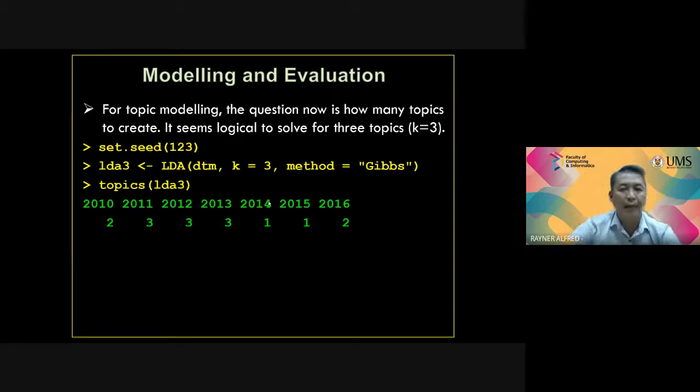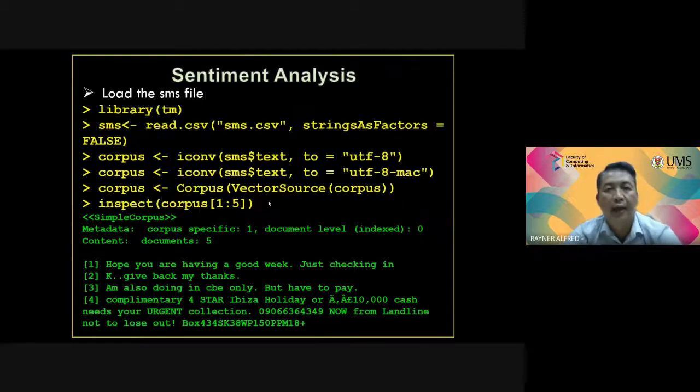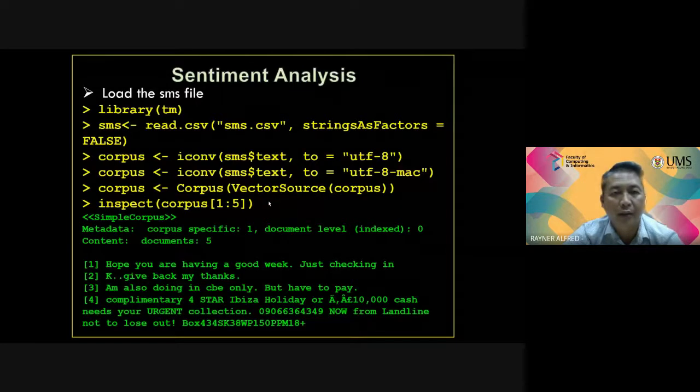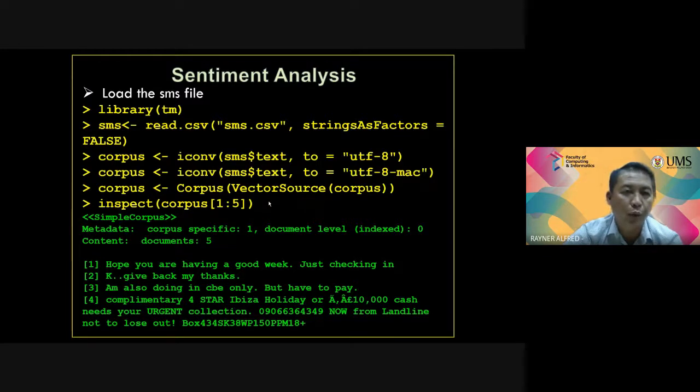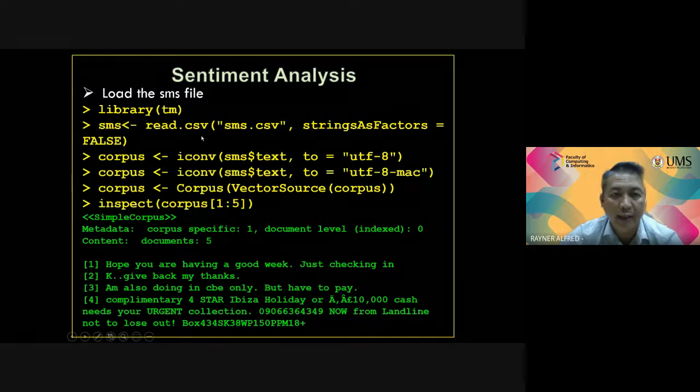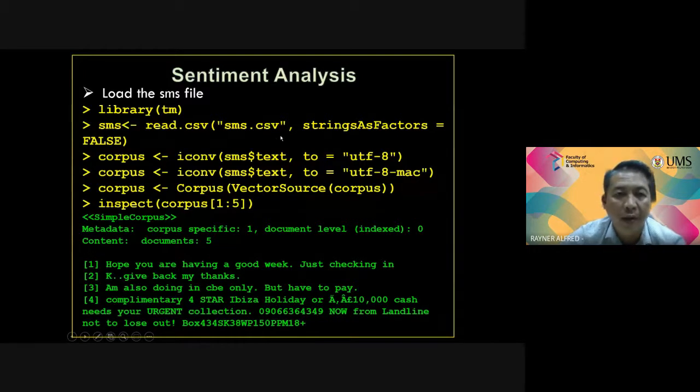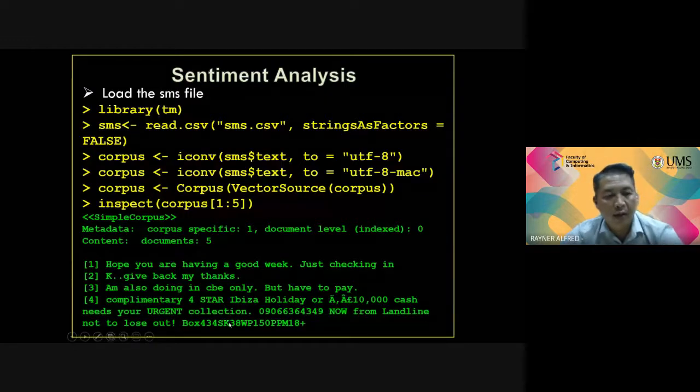The second part is basically we are looking at the sentiment of the document. This is similar to the previous exercise where you need to load the library, and for this one, we are reading the CSV file from this particular file.